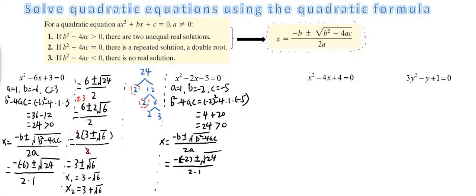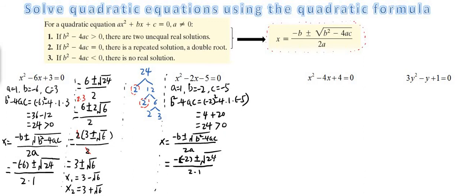And again, square root of 24, we can simplify it. How to simplify it? We can use the factoring method. Okay, we can use the factoring method to factor 24 until prime numbers. If we find a pair of factors, then we can move this factor out of the square root and let the left ones multiply together.